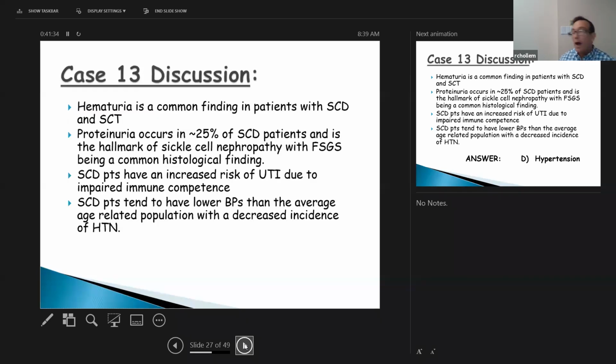All right, so obviously it's not hematuria, right? That's a very common association. And the hallmark of sickle cell nephropathy is FSGS, or a version of FSGS, and that is a proteinuric disease.